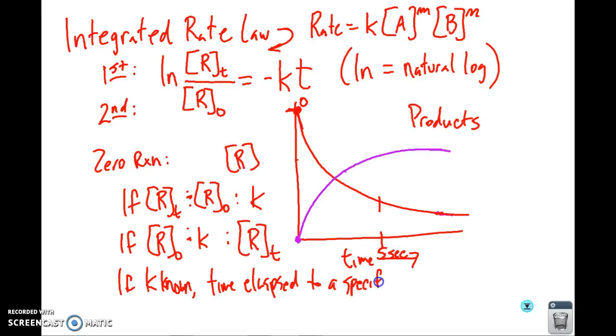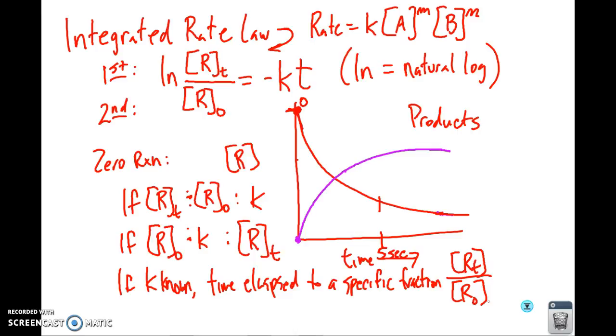I'm actually going to say a specific fraction of R_t to R_0. Those are supposed to be on the outside of the brackets. Then we can find that fraction.